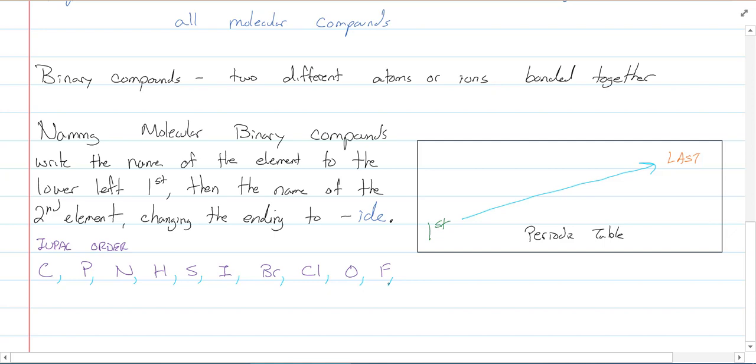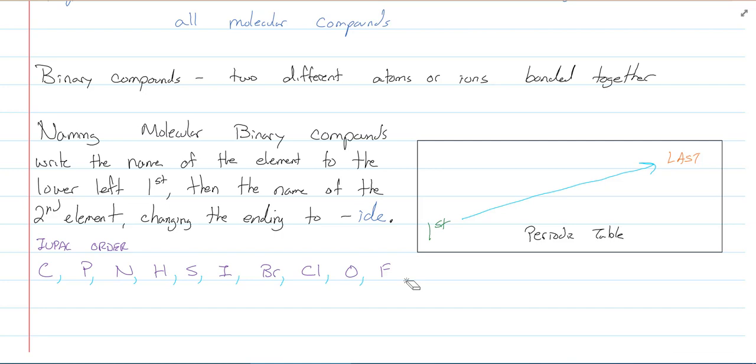Now, you'll see it sometimes, BrO3 minus. But sometimes you might see it OBr or OCl. If you write it the wrong way, it's not necessarily fatal to your communication.